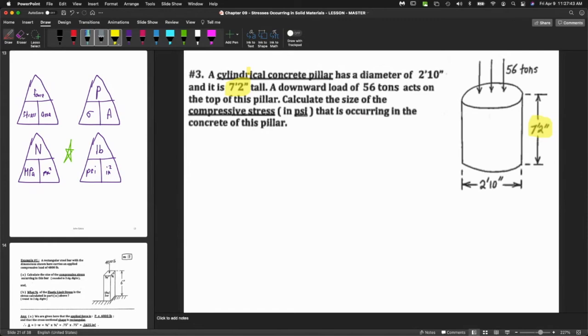And I should just clarify, for the purposes of stress calculations, that 7 feet 2 inches doesn't matter. However, in real life, the 7 feet 2 inches does matter for other reasons, okay?